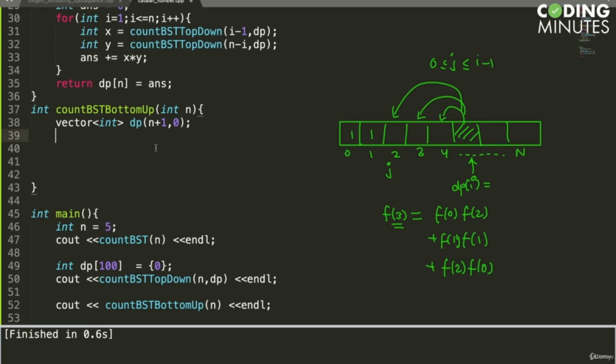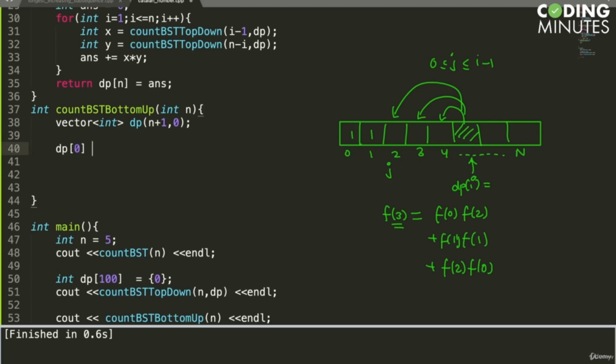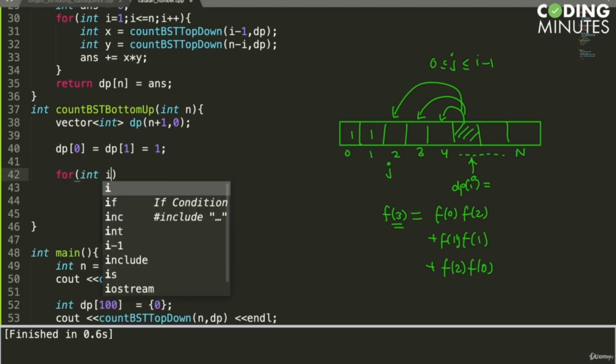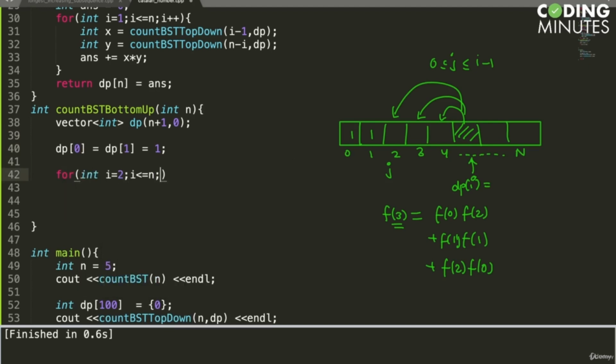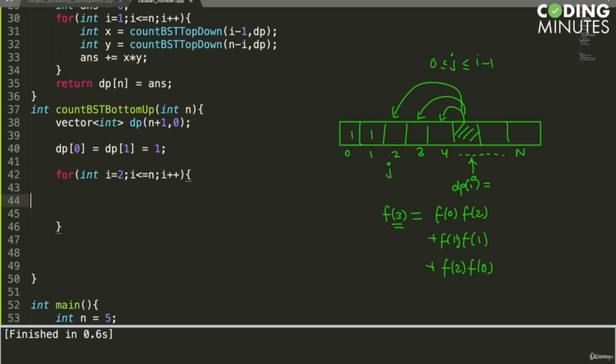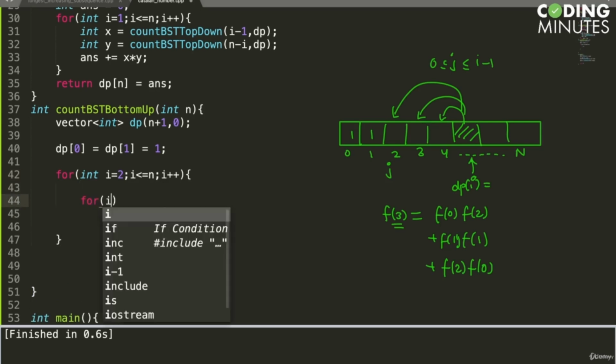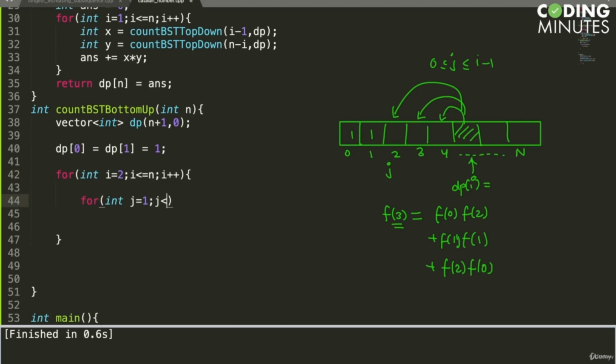So what I will do, I will say, okay, dp of 0 is going to be equal to dp of 1, it's going to be 1, and for int i equals 2, i less than equals n, I need to iterate on smaller sub problems for j equal to 1, j less than equal to i, j plus plus. That means if I am computing dp of i, we are computing for a value of n that is equal to i, and let's say n is 5.